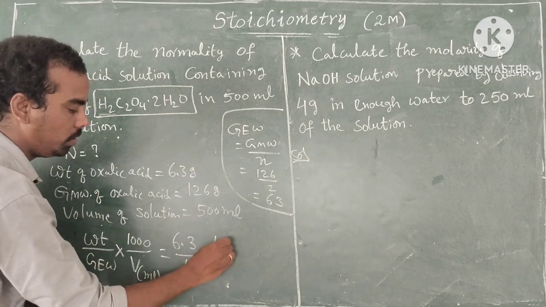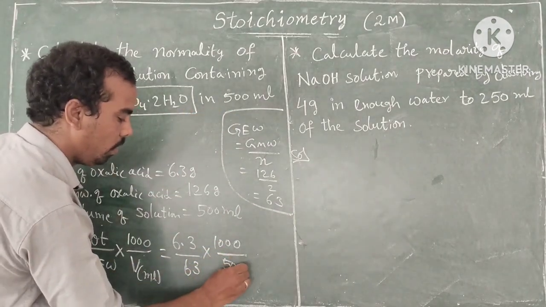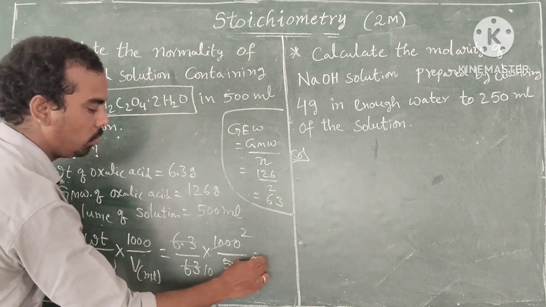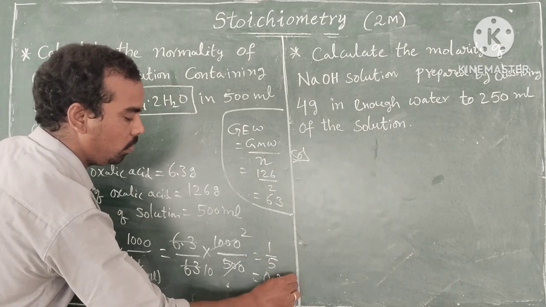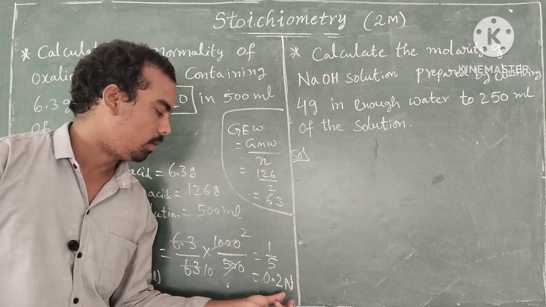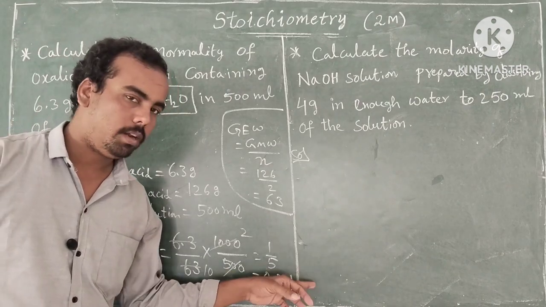So 63 into 1000 by the volume of the solution, already given as 500 ml. 500 in 1000, 2 times. 6.3 in 63, 10 times. 2 by 10 means 1 by 5, which is 0.2. So 0.2 capital N. Units are important. If there are no units, you lose half a mark. So 0.2 capital N, or gram equivalents per liter.